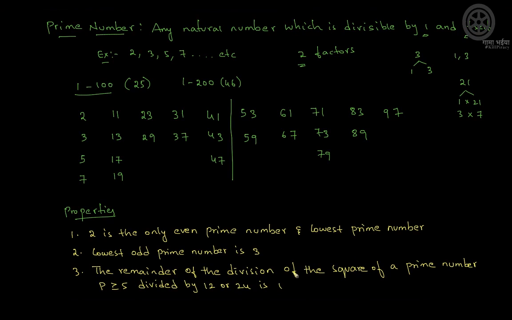The remainder is always 1. What is the meaning of this? Right? I will explain that.